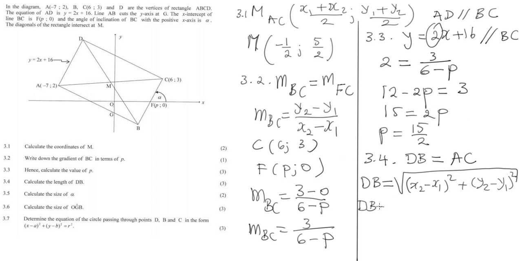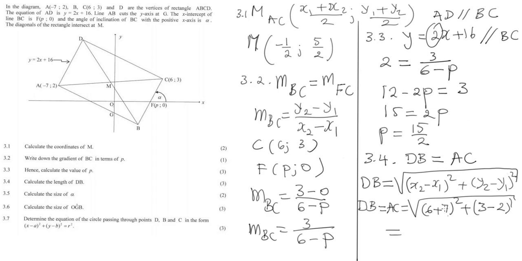So DB, you use the coordinates of AC because they are equal. The distance is equal to AC, which will be x2, 6 minus minus 7, which will be plus 7, all squared, and y2 is 3 minus y1, which is 1.